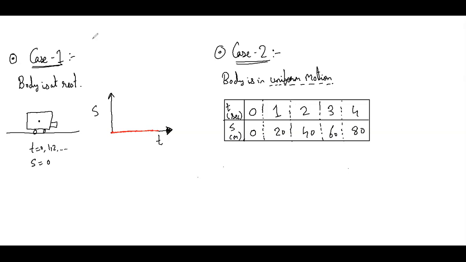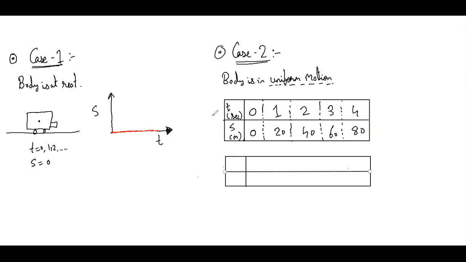Let me draw one more table, so you may be able to see what is the difference. This is T, and displacement: 0, 0, 2, 20, 4, 40, 6, 20, 8, 0.